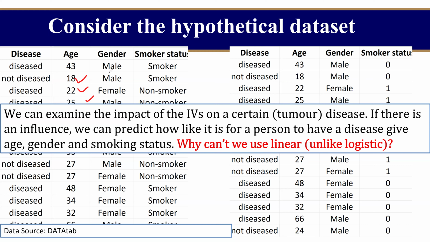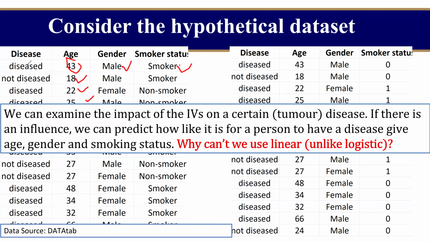And the gender is also there. You want to know whether gender is playing any role at all in affecting whether the person is diseased or not diseased. And then the smoking status. The first person is a smoker. So remember, he's older, he's a male, and he's a smoker as well. So you are able to have these characteristic behaviors.